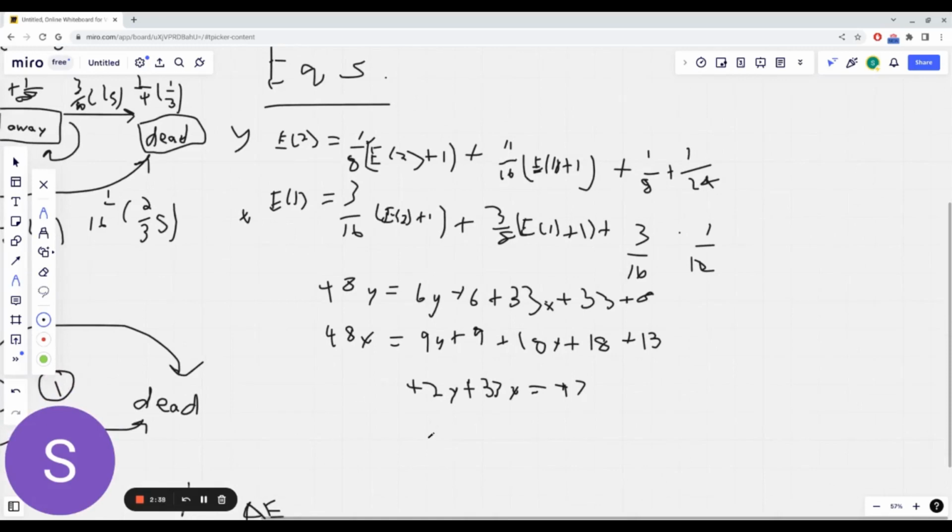And then 48x minus 18x is 30x. Oh, this is actually, no, this is going to be minus 33x here. Let me erase that. 30x minus 9y is equal to 40.